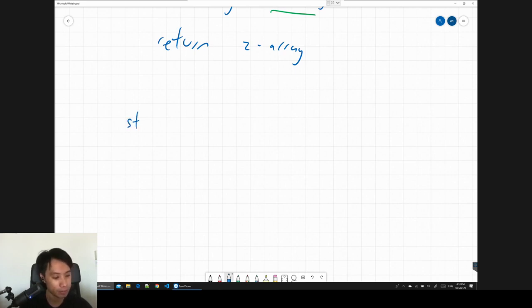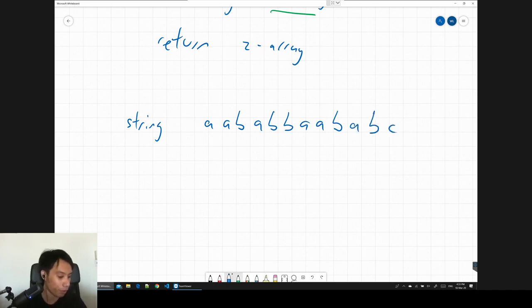Imagine I have a string: A, B, B, A, B, C. For the purpose of easy observation, I'm going to assign numbers 1, 2, 3, 4, 5, 6, 7, 8, 9, 10, 11, 12. The numbers correspond to the index or the position.